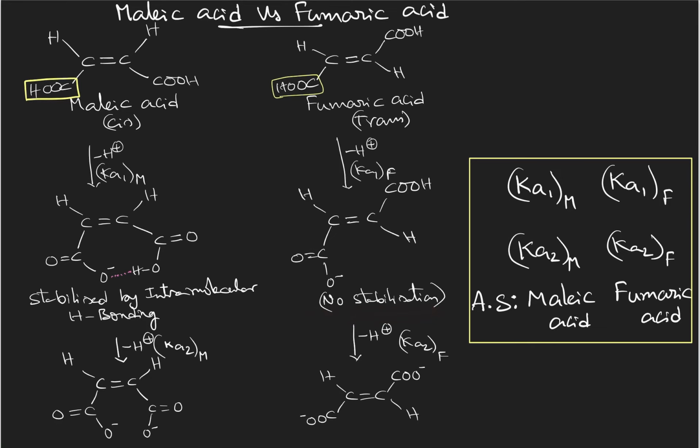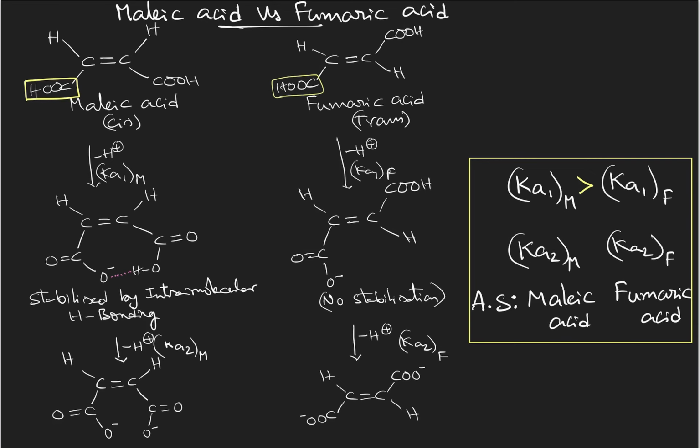But in malic acid, there is extra stabilization due to cyclization. That means the release of the first H plus ion is faster in malic acid than in fumaric acid. Therefore, I can write here: Ka1 of malic acid is greater than Ka1 of fumaric acid.